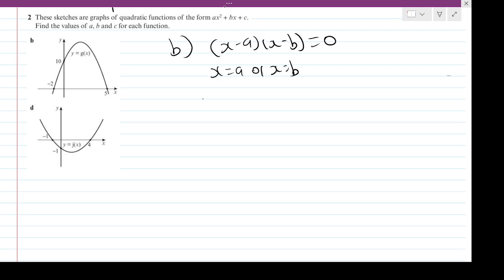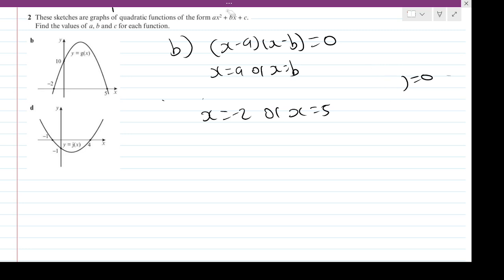We can work backwards if you're given the solutions here, the x solutions when it crosses the x-axis, -2 and 5. So if x is -2 or x is 5, which are the two roots, again, remember roots are when f of x equals 0. So the values of x such that the curve or the quadratic equals 0.